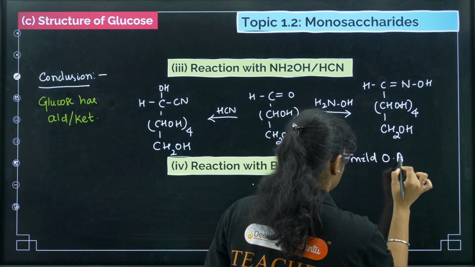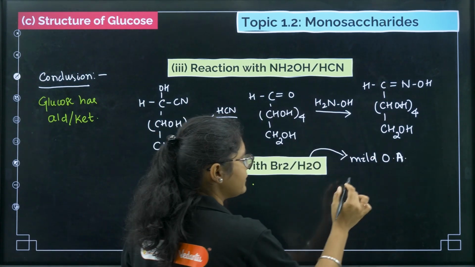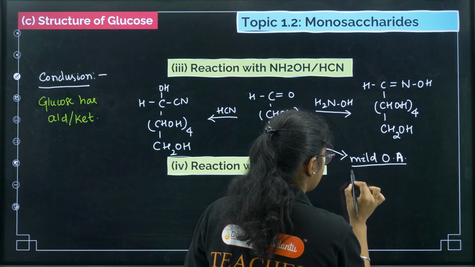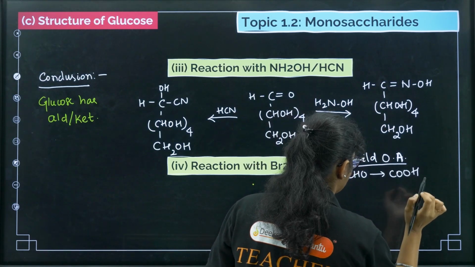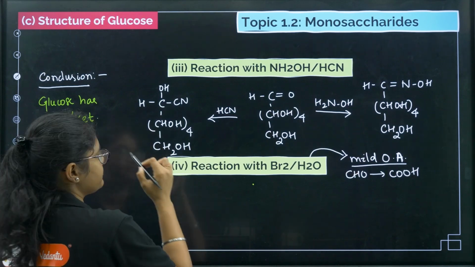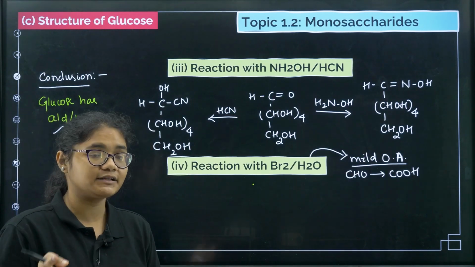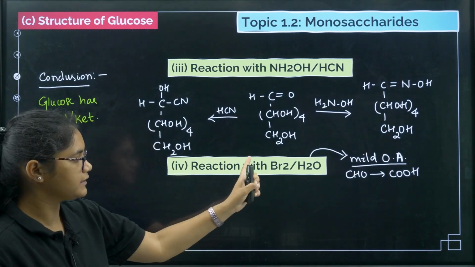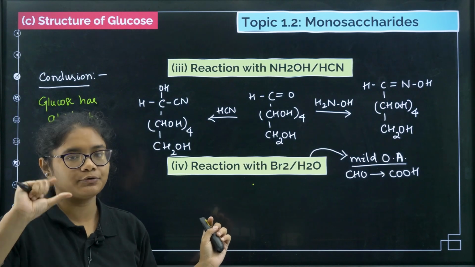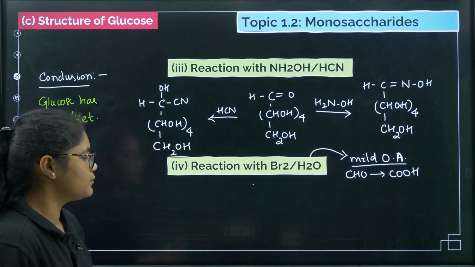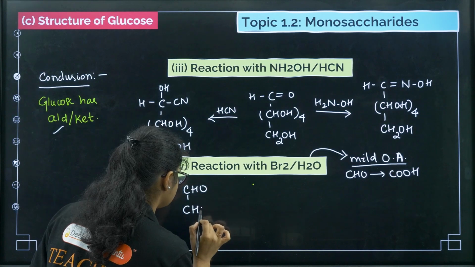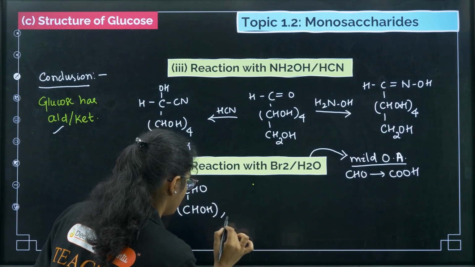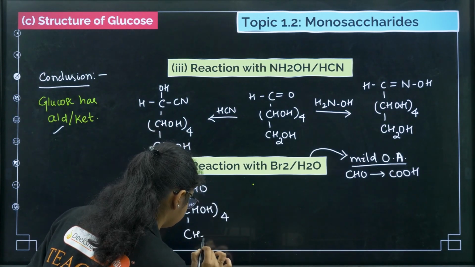Now we know that a mild oxidizing agent can convert a CHO group to a COOH group. So if it is an aldehyde group, then this reaction will convert that aldehyde group to an acid group. So we took CHO, again CHOH whole 4 and CH2OH.